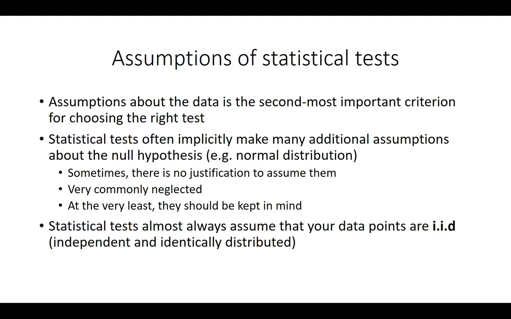One particular assumption, which is pretty much common to all statistical tests, and I'm not going to say it all the time over and over again, is the assumption of what is called IID. So you assume that your samples or data points are independent and identically distributed.